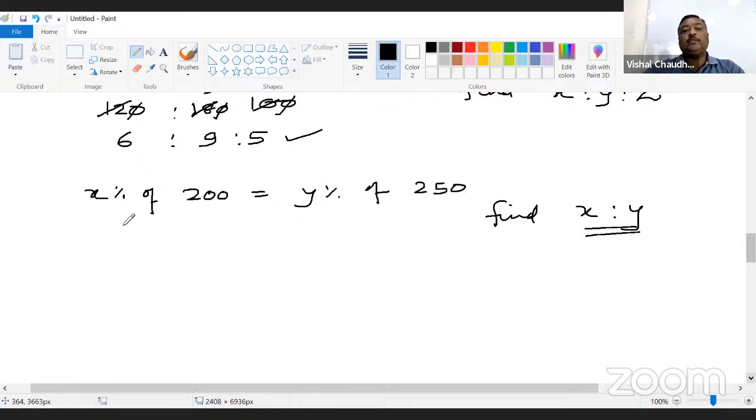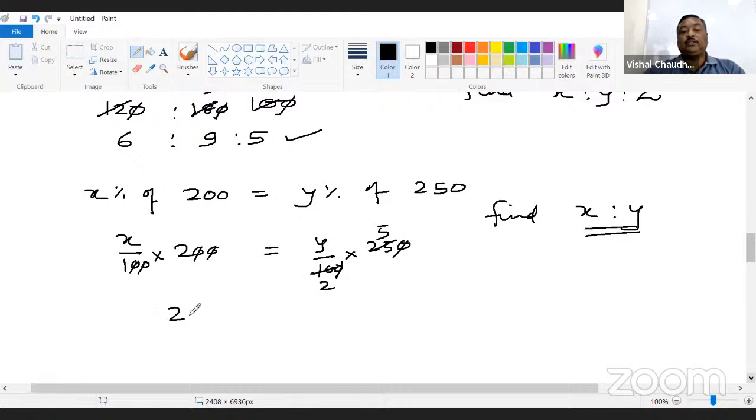Now see, X% means what? X by 100 multiplied by 200. Somesh, thank you, Somesh. So it is 2x. Y by 100 into 250. Again 5 2s and 5 5s. So it is 2x is equal to 5y by 2.